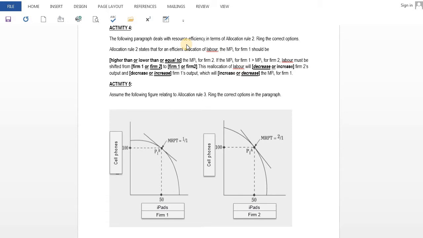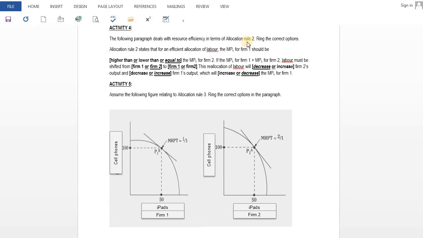So in this case, resources have to shift from firm 2 to firm 1 in order to stimulate the growth, or rather the output, of firm 1. That is how we reallocate resources and ensure efficiency between those firms, because we said the marginal product of labor has to be the same between these two firms for the production of a specific product.